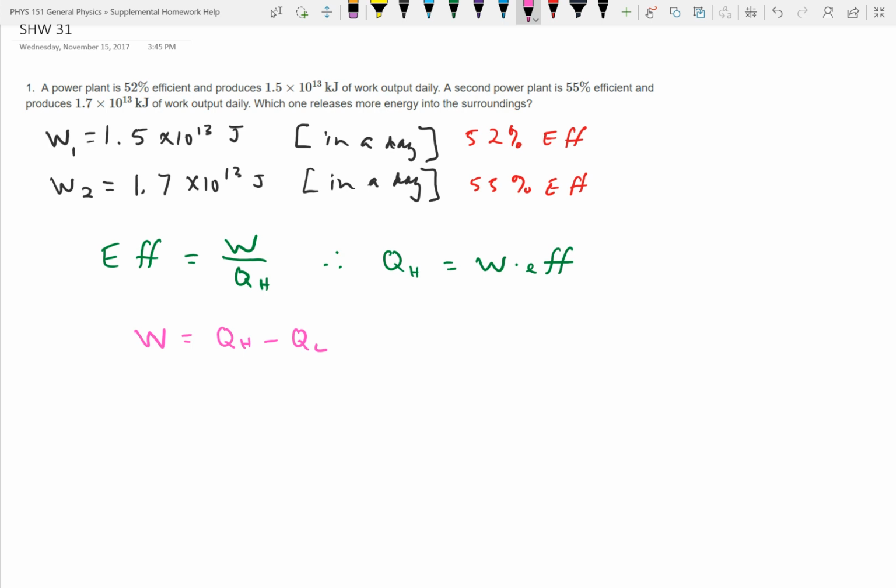Then I went from there to show why, for a cycle where delta U is 0 for the complete cycle, the energy is equal to work, because the change in internal energy is 0. So this equation has to be true for a heat engine, or for a cycle.